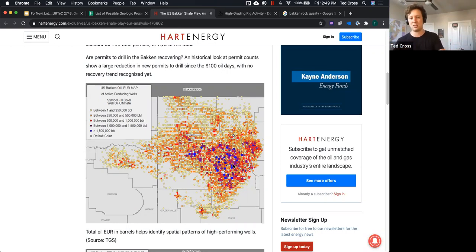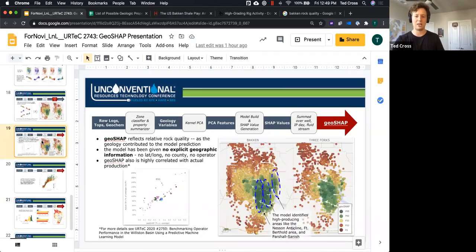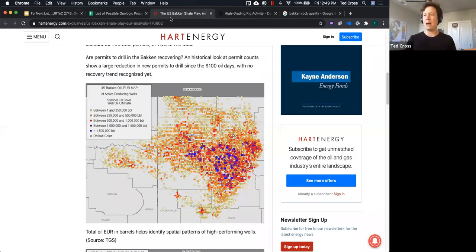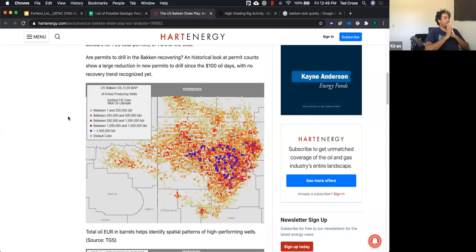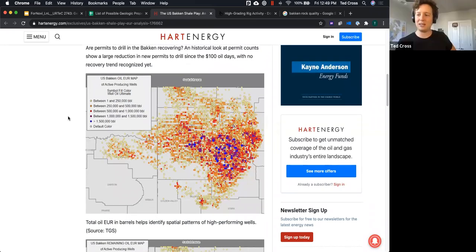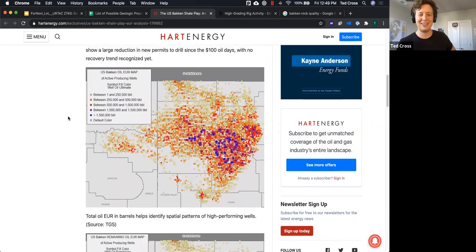But it's making a decision on this type of map versus on that one. You can see that you get a much clearer trend with the GeoSHAP than you do with just mapping how well the wells have produced. It says that total EUR helps identify spatial patterns. Yeah, exactly.